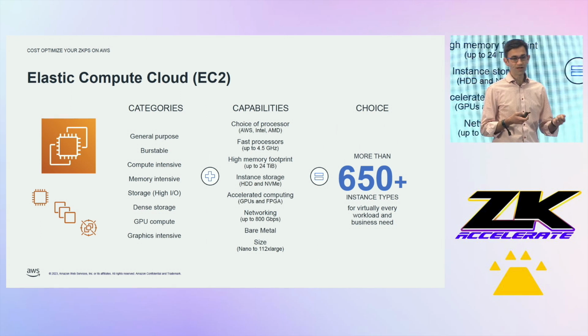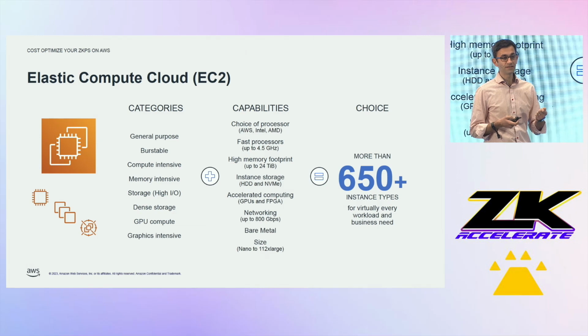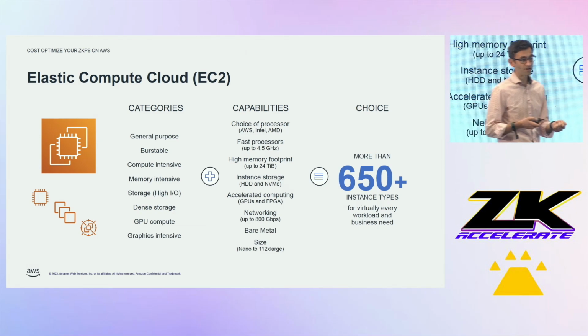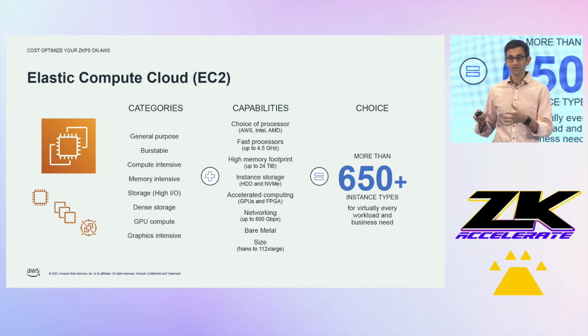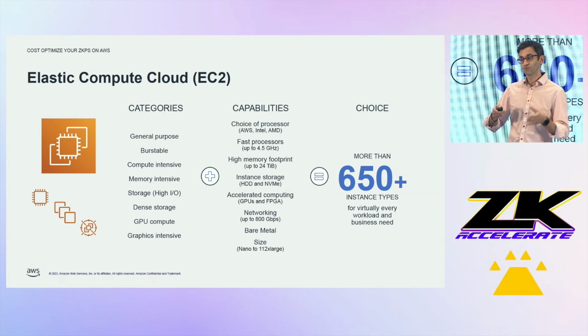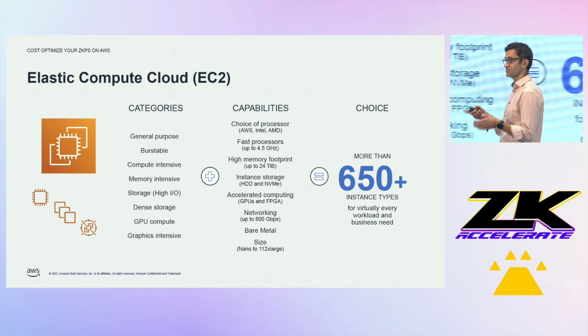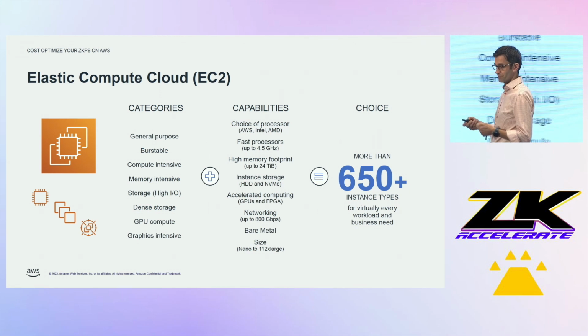If you're wondering why this matters with Spot, one of the key ways of being successful with Spot is being very flexible in the instances which you run. Having flexibility in which instances you can run your ZKP on is going to improve your opportunities for running on Spot.